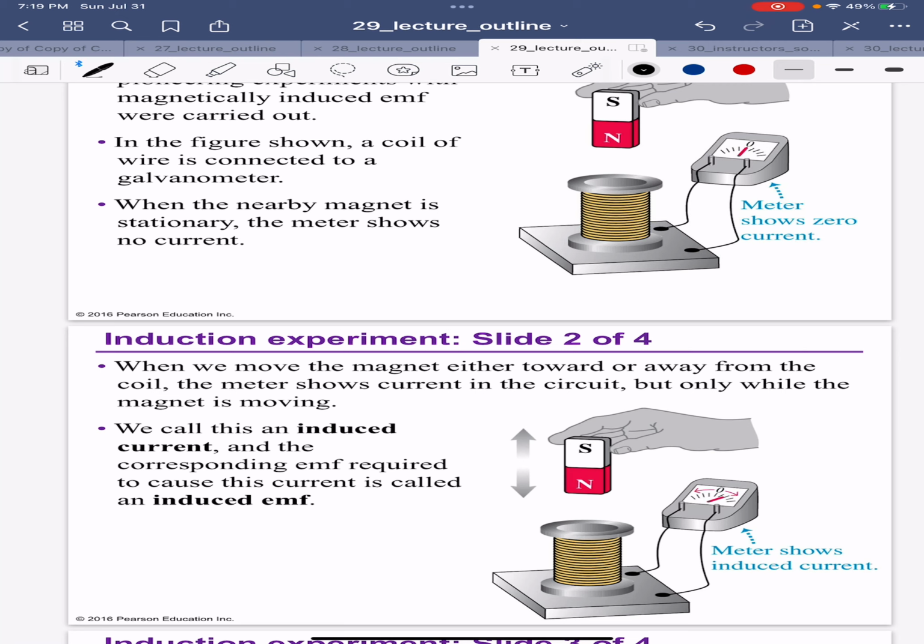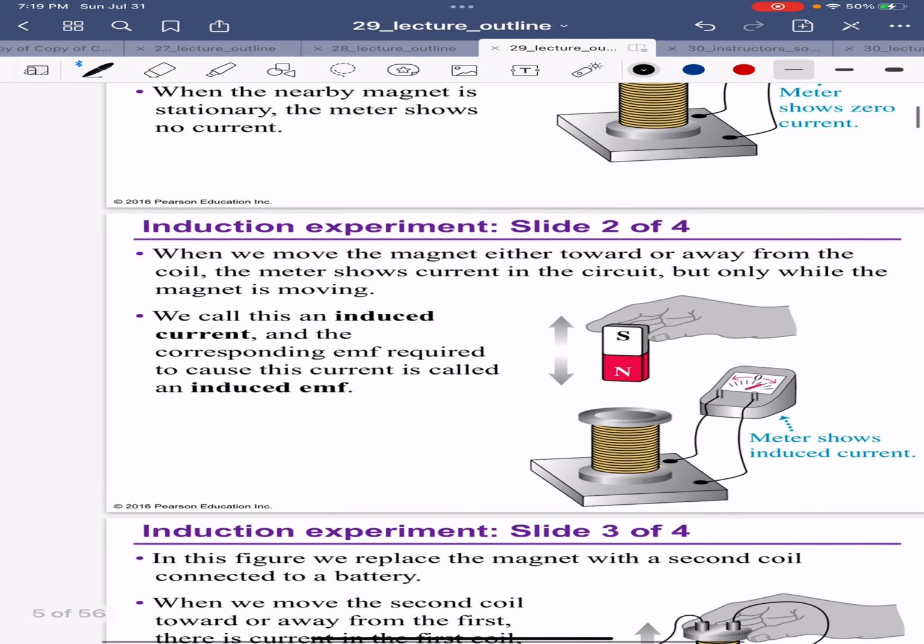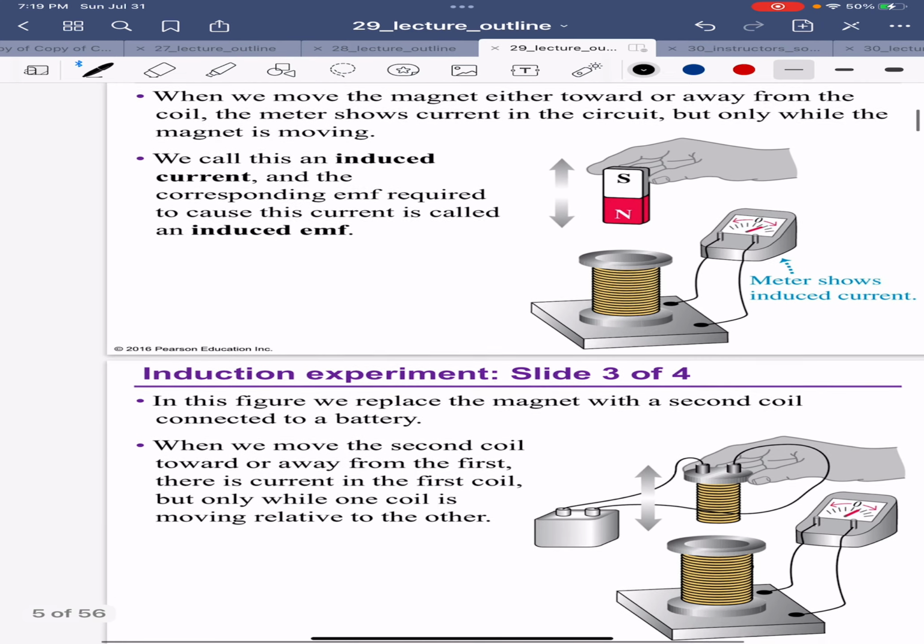We are trying now to move the magnet toward the coil, or moving it away. We are going to find that the galvanometer is going to show a kind of induced current, and that is really produced by an induced EMF.